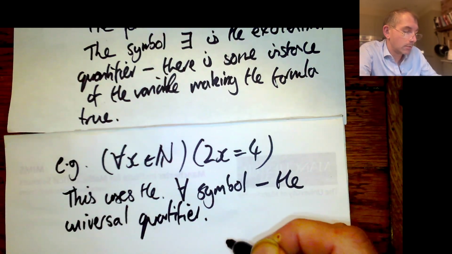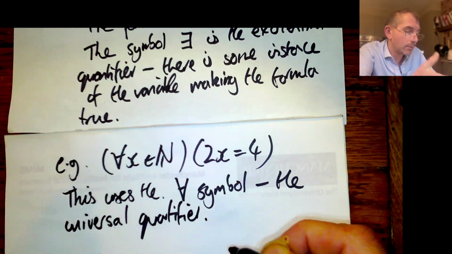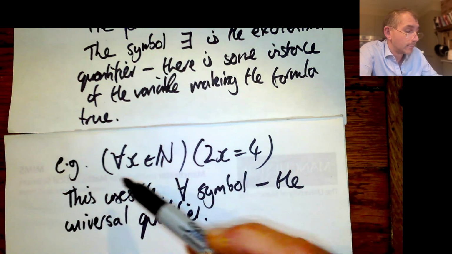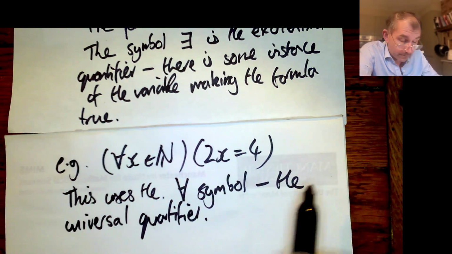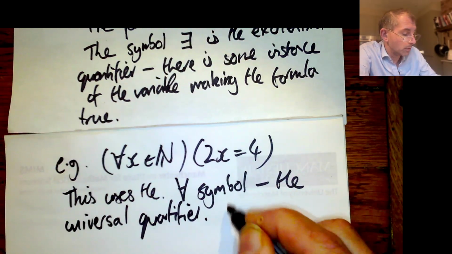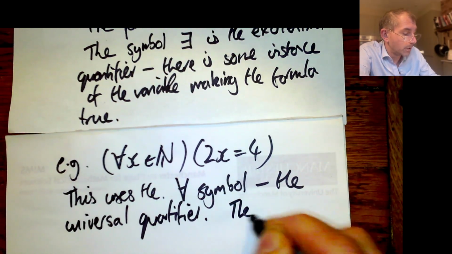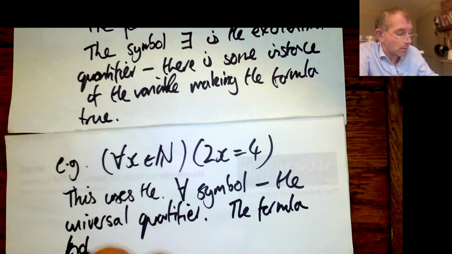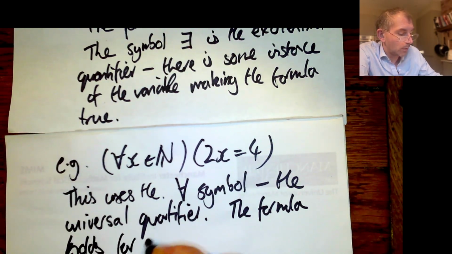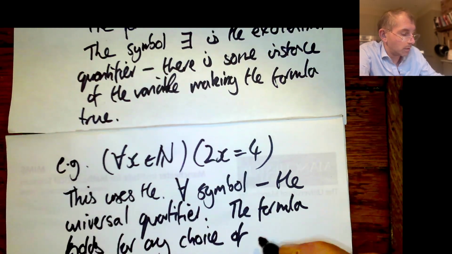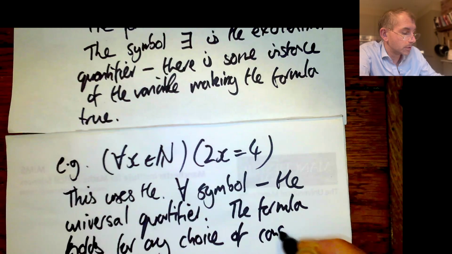And it means that you can put any value in of x you like, and then you're saying that the formula is going to be true. So the formula holds for any choice of constant to substitute.